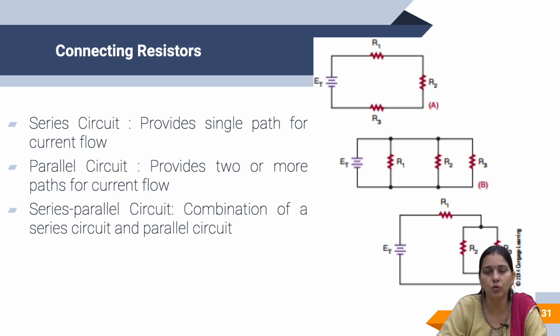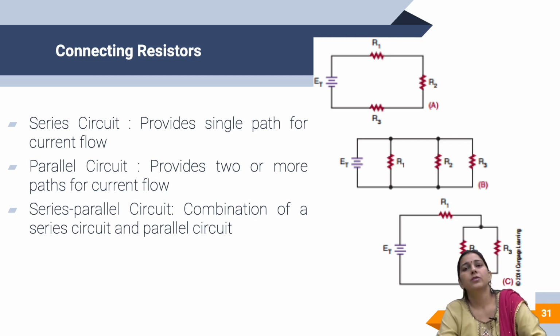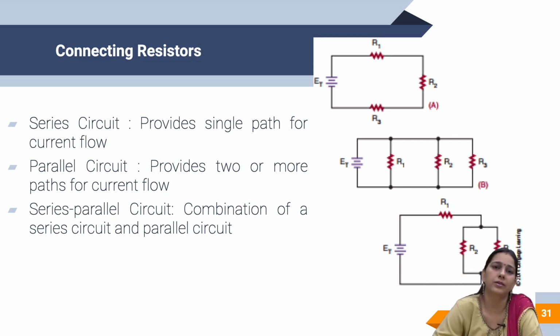It may be two or more paths to the current value. And series parallel is a combination of series as well as parallel circuits. So we have the resistances connected in series as well as in parallel. Right, so let's start with the detailed understanding of connecting resistors in series.